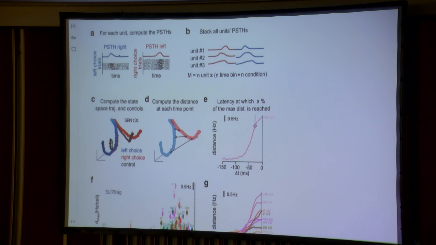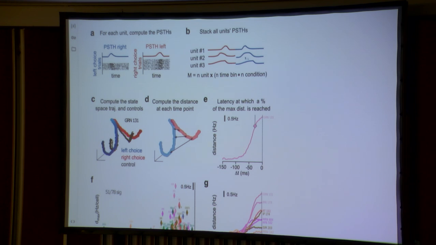For each unit, you have to compute the PSTHs for either the left or the right choice trials. Here we're going to use units that are all in one brain region, the superior colliculus, as we saw before that's where the cells were found to be modulated and significant. We're then going to stack all of these units' PSTHs in a matrix that looks like this.